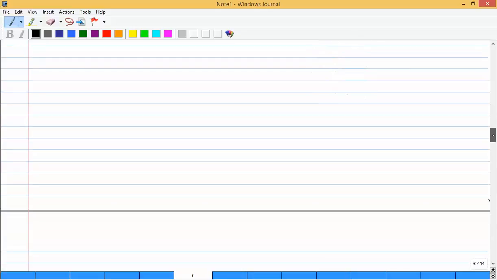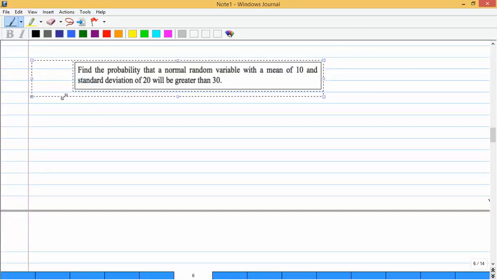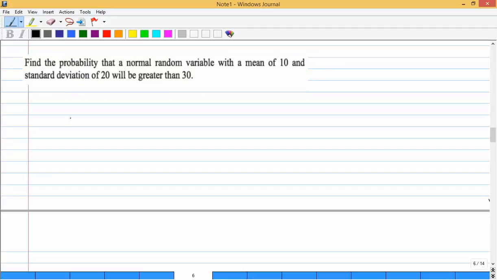The next example in your book or your PowerPoint says find the probability that a normal random variable with a mean of 10 and a standard deviation of 20 will be greater than, that's important to this problem, greater than 30. So 30 is our x value, the mean is 10, and the standard deviation is 20. That's the same as the previous problem. So we need to find a z-score. We're only finding one, so I don't think I'll get anything mixed up, so I'll just say z.